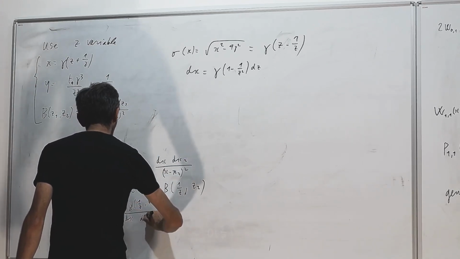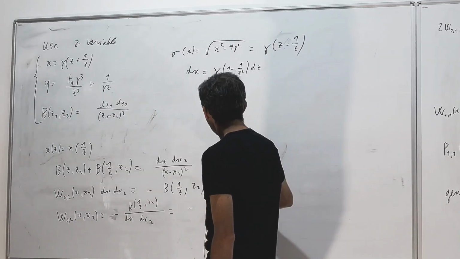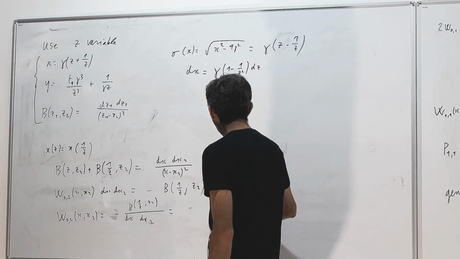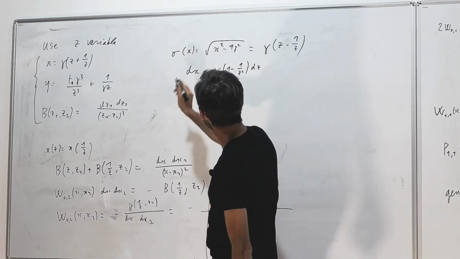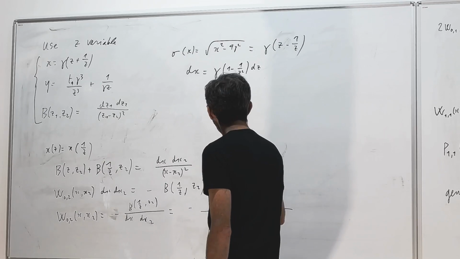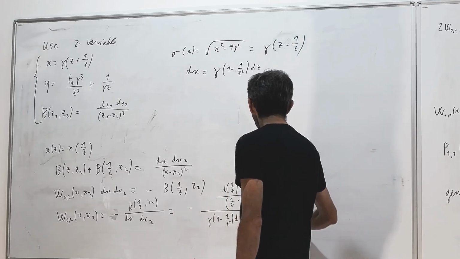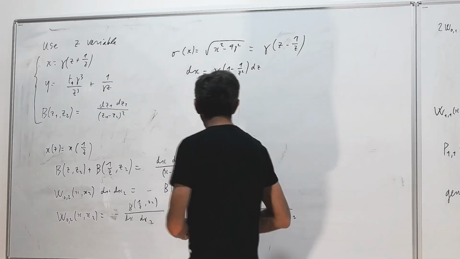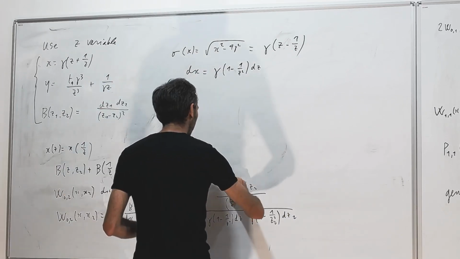divided by dx2. Let me compute it in more detail. So this was d of 1 over z times d of z2 over 1 over z minus z2 to the square. And you divide by dx, which is gamma times 1 minus 1 over z square dz, times gamma times 1 minus 1 over z2 square dz2. D of 1 over z is minus dz over z square.